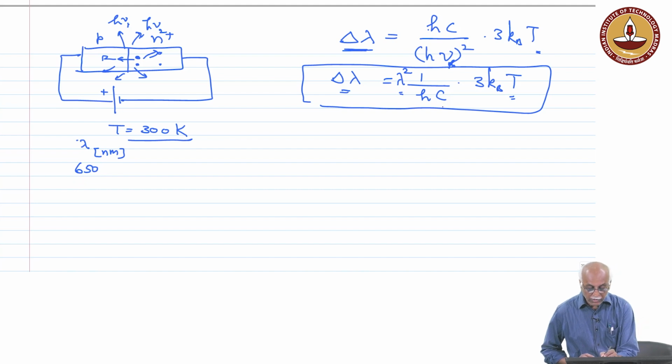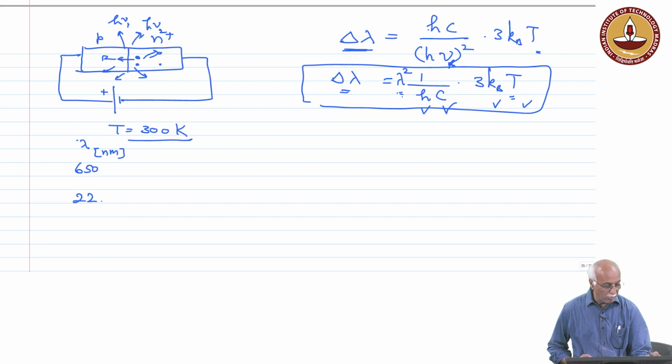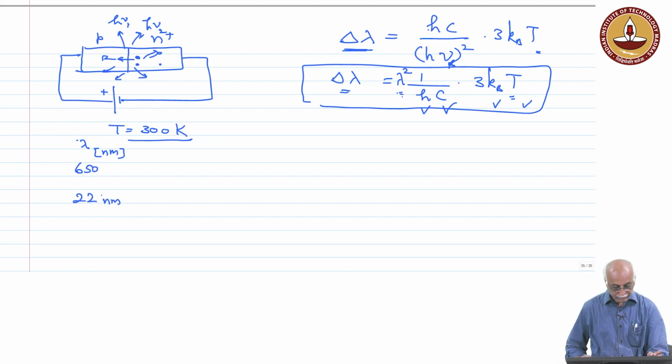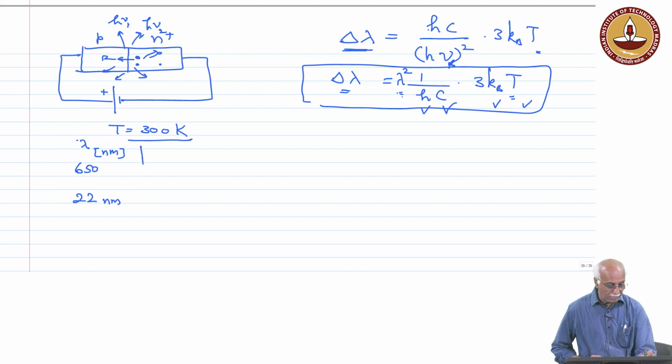Boltzmann constant, Planck's constant and the speed of light, 3 into 10 raised to 8 meters per second, are all constants. Corresponding to lambda of 650 nanometer, delta lambda is approximately 22 nanometer for a direct band gap material.